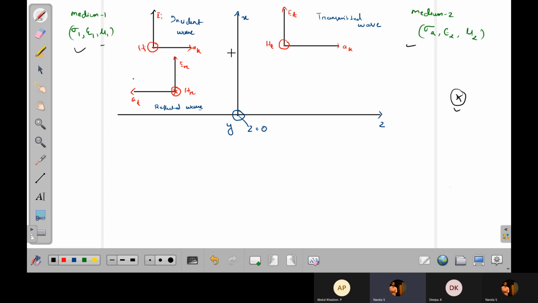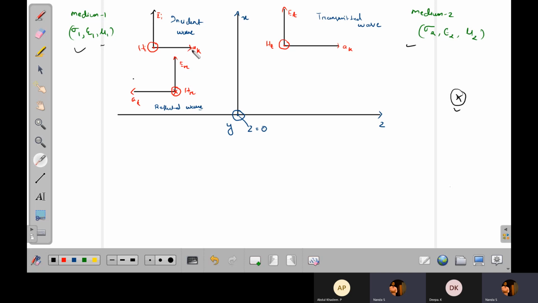Now two things are happening. Some part of the wave is getting transmitted and some part of the wave is getting reflected. So this is the part which is getting transmitted and this is the part which is getting reflected. Once it is transmitted, the E field direction was in the X direction, so the E field direction remains the same.